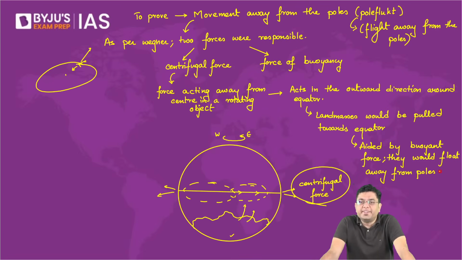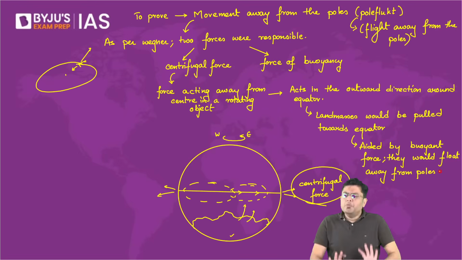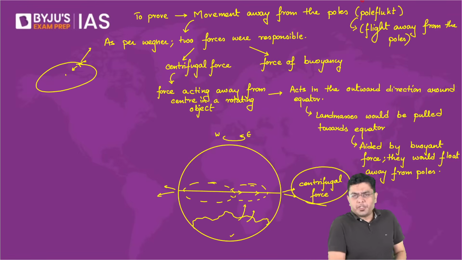This is what he cited as the flight away from the region of the poles. Flight away from the region means movement of land away from the region of the poles in general. So that is the other reason that he cited.